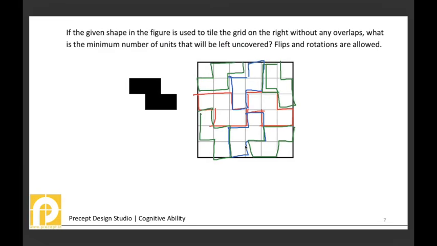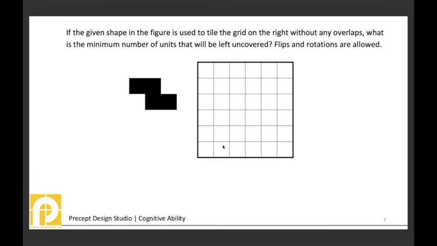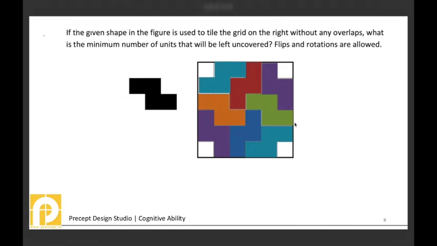So after tiling it this way, I will be left with 1, 2, 3 and 4 such tiles which are left empty. So the answer is 4 tiles. Okay. We'll move to the next one. So this is how the tiling will be happening, leaving out these 1, 2, 3 and 4 tiles.